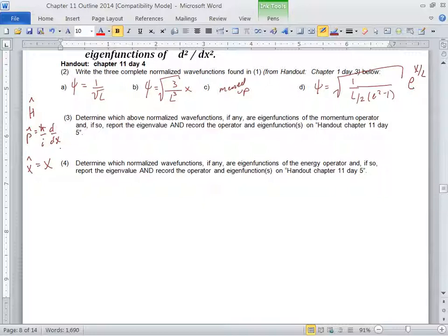See if you can figure out what its eigenvalue will be. See if I can find that self-test. 6.